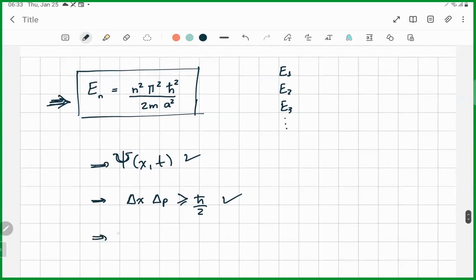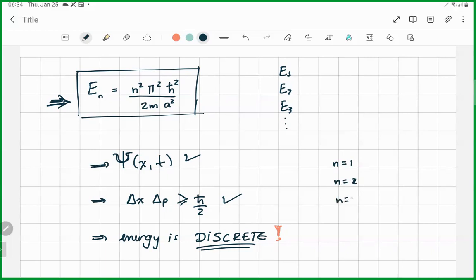We just found that energy is discrete. Okay? Energy is discrete. It doesn't have any possible value. The only possible values are when n is 1, when n is 2. We don't have anything in between.